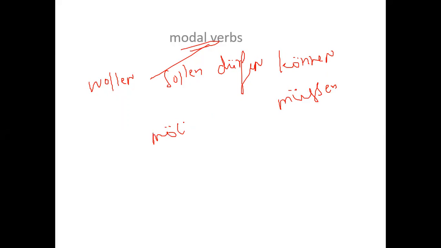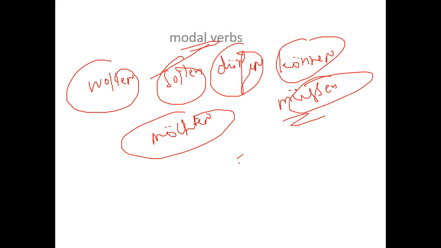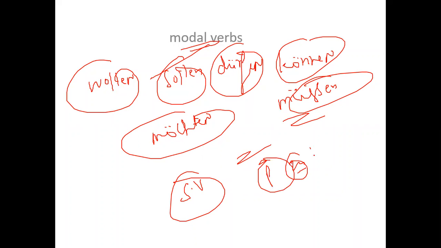All these are modal verbs. So you can revise the notes of modal verbs as well if you want. This is just an overview, although we have discussed modal verbs also. And also please be careful, if it is a separable verb, then this zu will come between the prefix and the verb, right? As we have taken the example of mitnehmen.